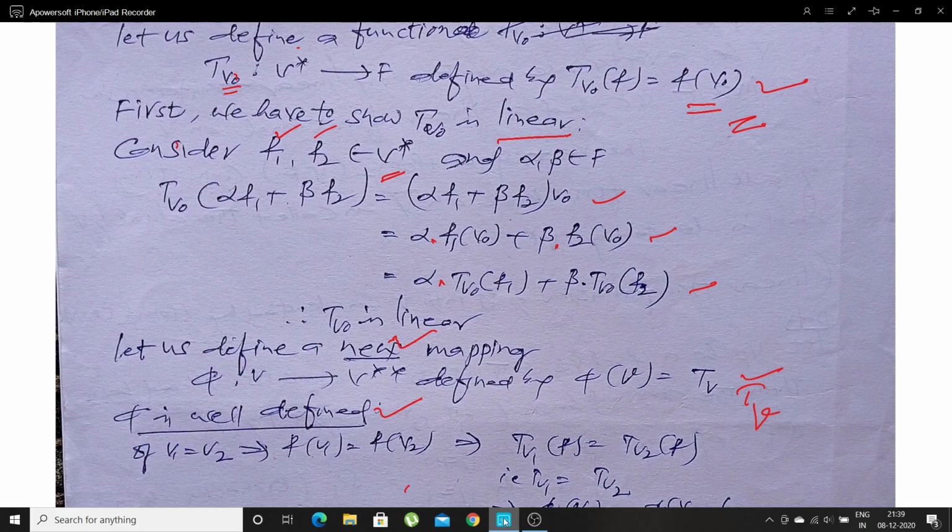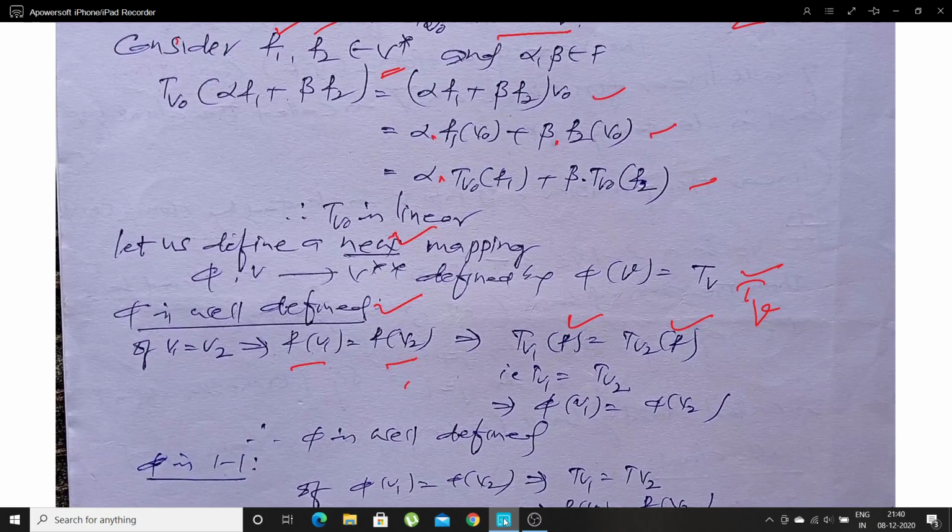If V1 equals V2, then taking the image of these two under f, that is f of V1 and f of V2, using the given condition this can be written as T V1 of f and, on the right hand side, T V2 of f. So T V1 is equal to T V2. Again, this can be rewritten as phi of V1 equal to phi of V2.